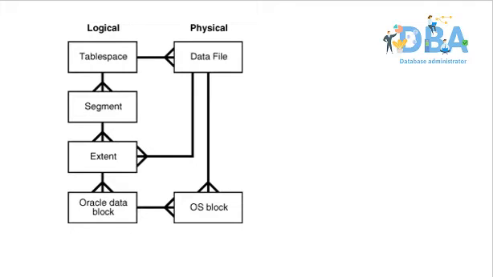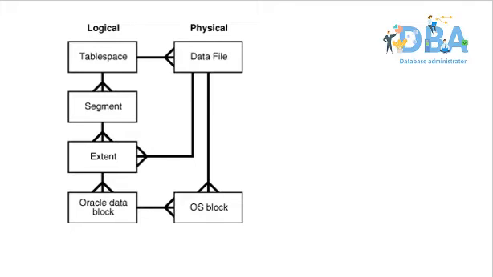A table space belongs to only one database, and one database has at least one table space, and that table space must have at least one data file allocated to it. Don't think that a table space will only store the data of a table.